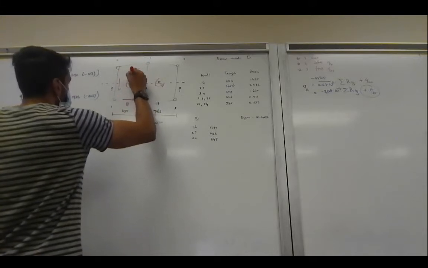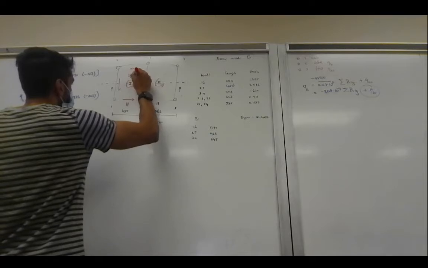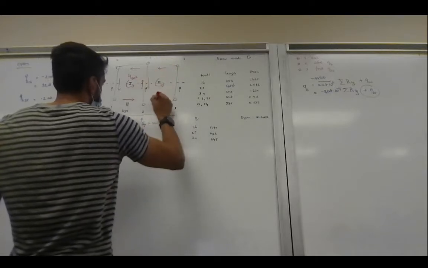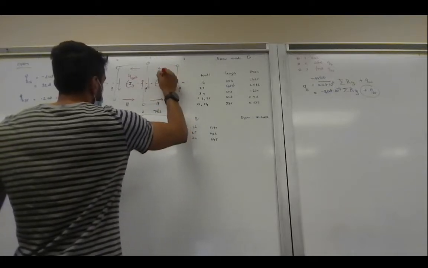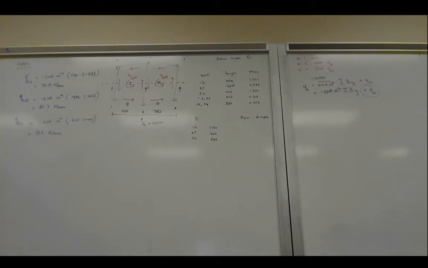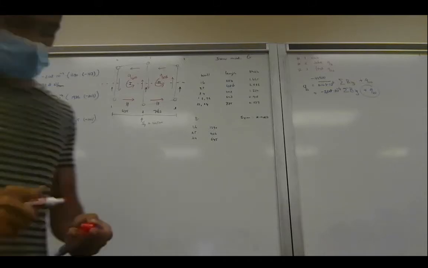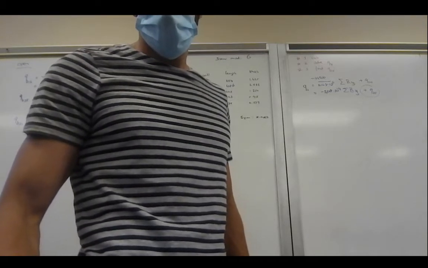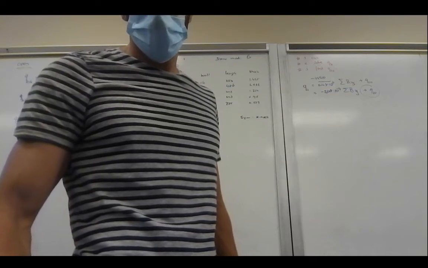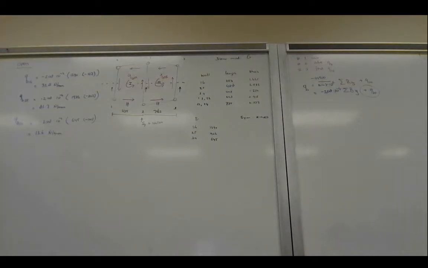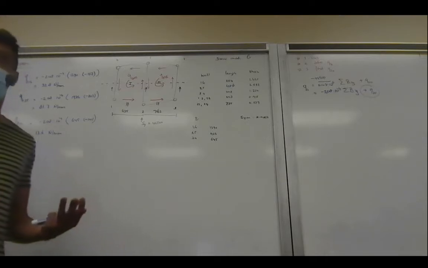Let's call that QS01, and this one QS02. Normally you come up with a moment equivalence equation, and you would have one equation, one unknown.